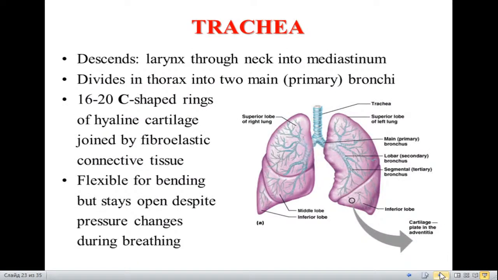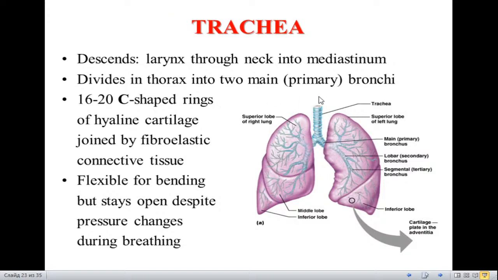So the next part of our lecture is the trachea. The larynx continues into the trachea, and in the thorax the trachea divides into two main or primary bronchi.